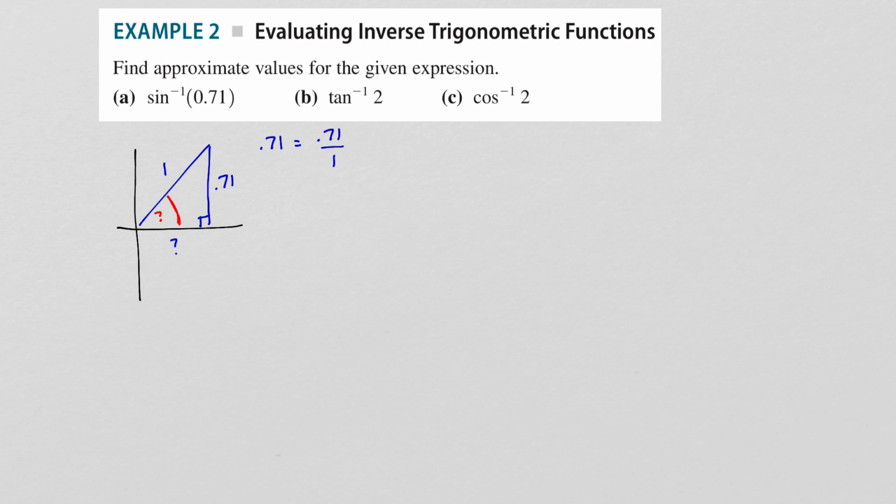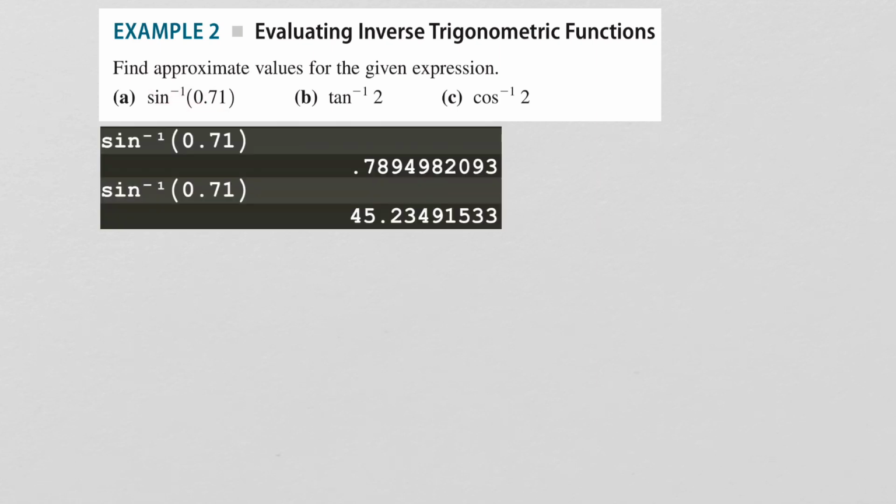And we don't know this angle because this is not a special value. So in this case here, we simply plug this into a calculator and we get an approximation. So after doing that, you can see that the inverse sine of 0.71 in radians is approximately 0.789, and in degrees, it would be approximately 45.2.